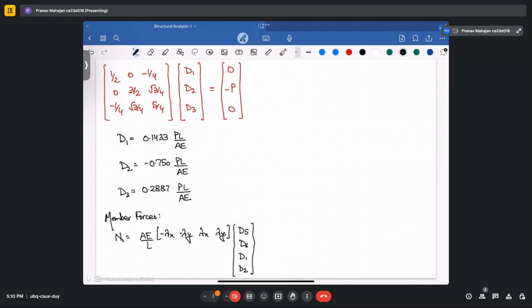Similarly, if you solve this, here your D5 and D6 will be equal to 0. And what values are remaining?